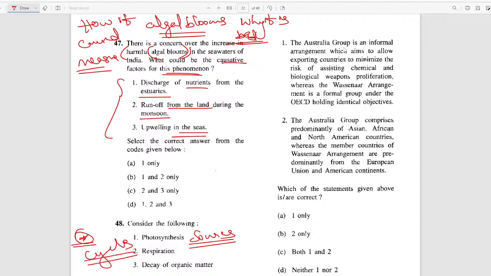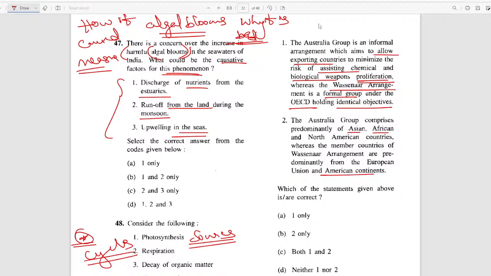See, for example, Australia Group is an informal arrangement which aims to allow exporting countries to minimize the risk of assisting chemical and biological proliferation. Whereas Wassenaar Group is a formal group under OECD holding identical objectives. The Australia Group comprises predominantly of Asian, African, and North American countries, whereas the member countries of the Wassenaar Group are predominantly from European countries.